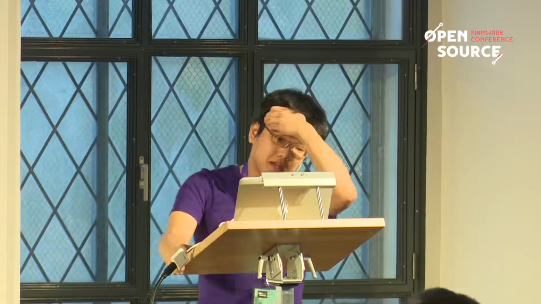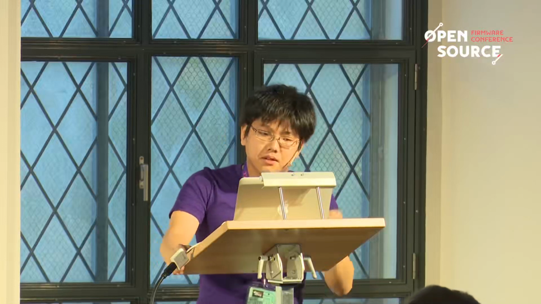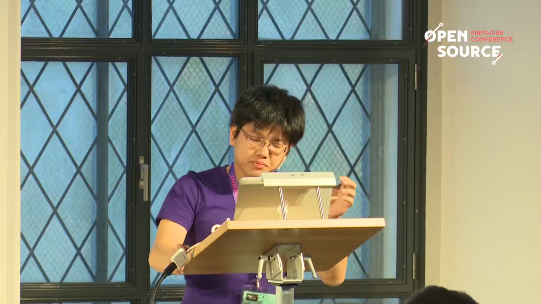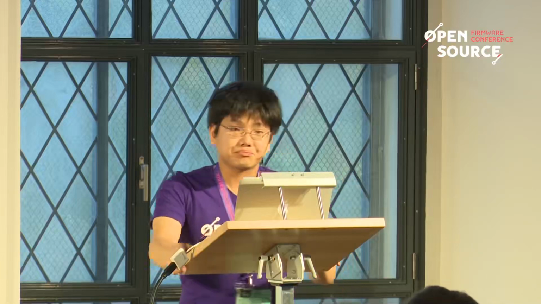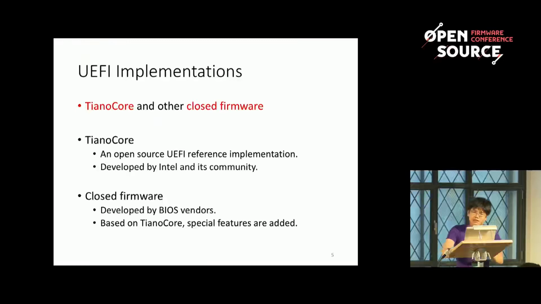And next, I talk about the current UEFI implementations. As I said in the previous slide, there are two types of UEFI implementation: one is Tiano Core and the other is closed firmware.